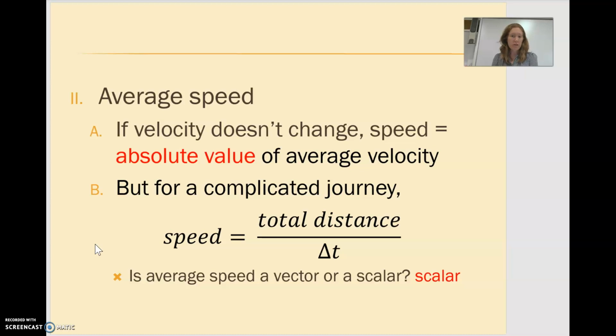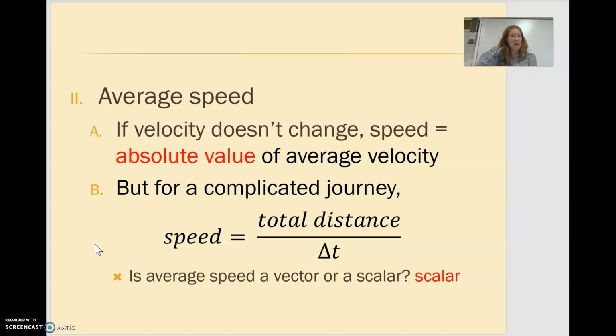So easy peasy, right? But if something is, let's say, going around the racetrack, then its displacement would be 0 maybe. We talked about that in a worksheet. So you wouldn't ever say that a race car has a speed of 0.